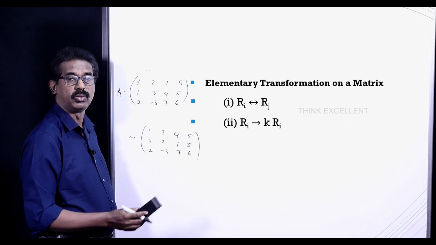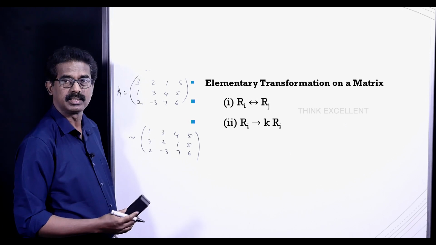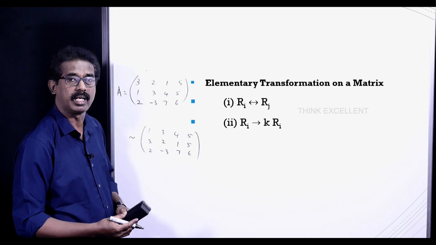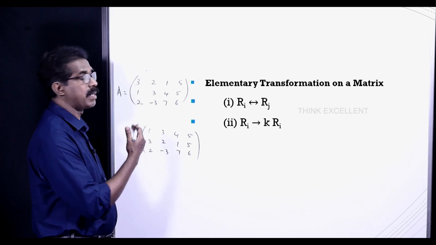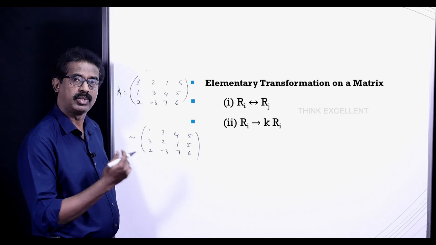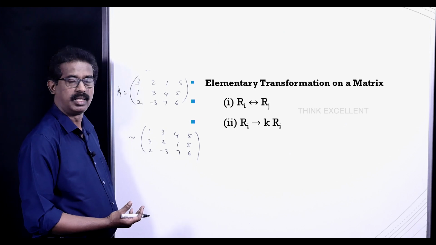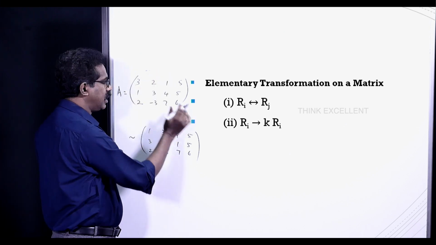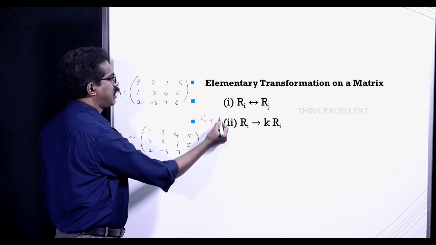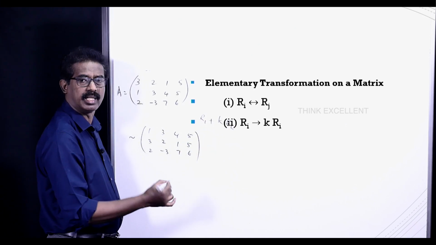So the first one is that 2 rows can be interchanged. The second is that one row can be multiplied or divided by a number. And the third is that 2 rows can be added or subtracted, or one row is equal to one row plus some constant times another row. Like that also you can do.